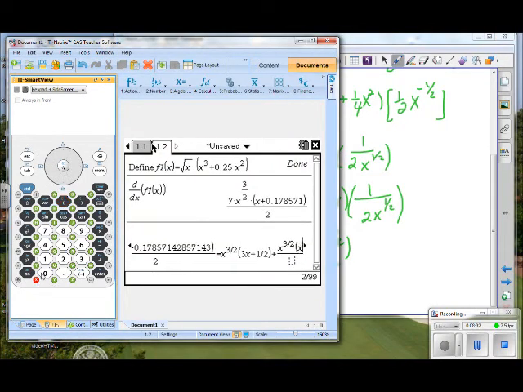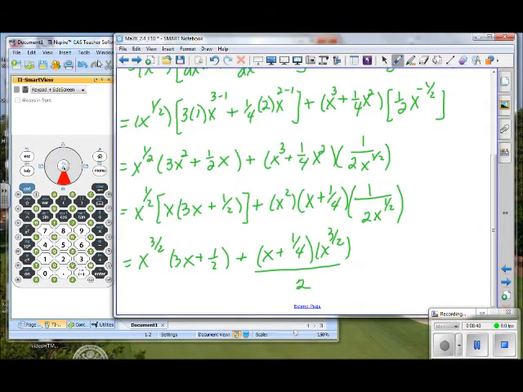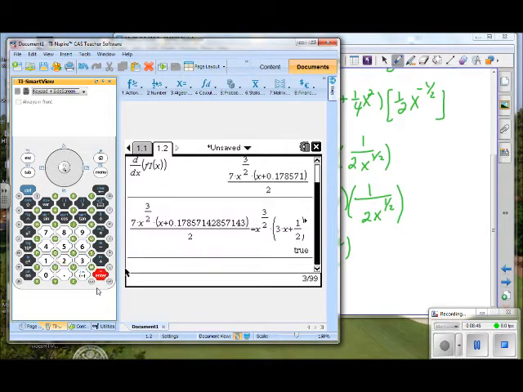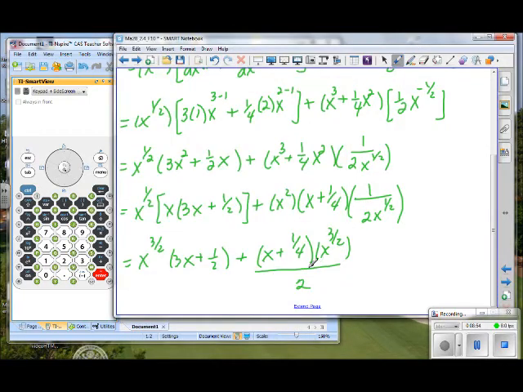So we'll have x plus, and I am going to make that 0.25, and I divide that all by 2. Remember, if these are equivalent, I should get the word true. So here we go. Enter, and there's that word true. So our answer looks a little different than what we had before, but our answer is also correct.